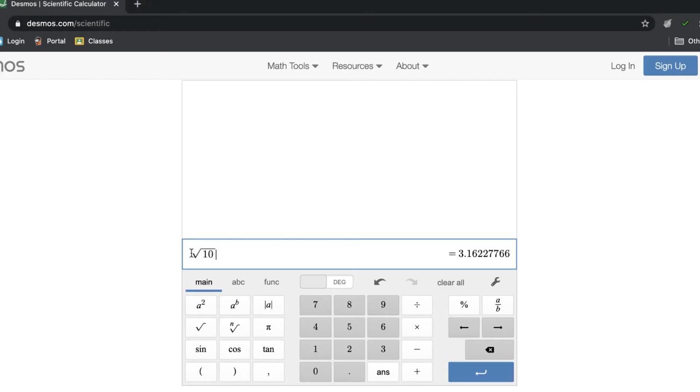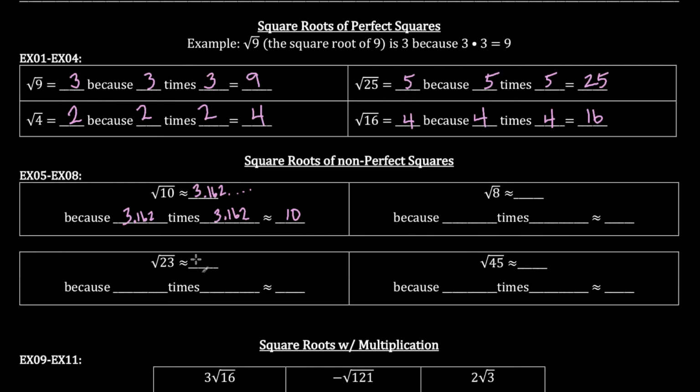Square root of 23. So square root of 23 is approximately 4.795. That 8 makes that 5 turn into a 6. So 4.796, it keeps going.